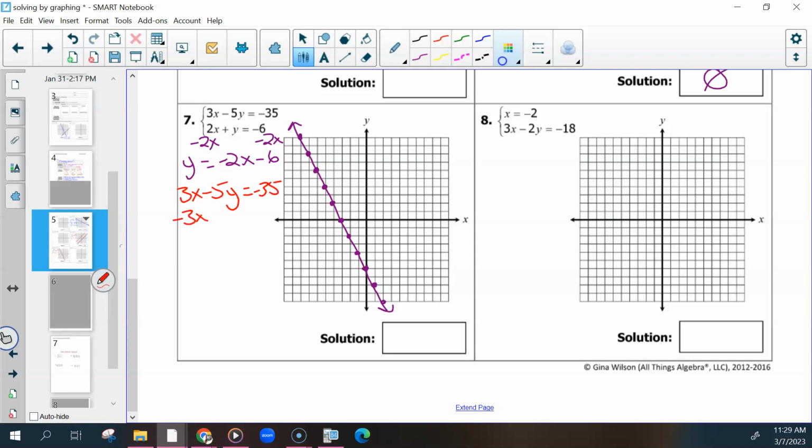So get rid of your x term, and divide everything by -5. So we'd have y equals a positive 3/5x plus 7.